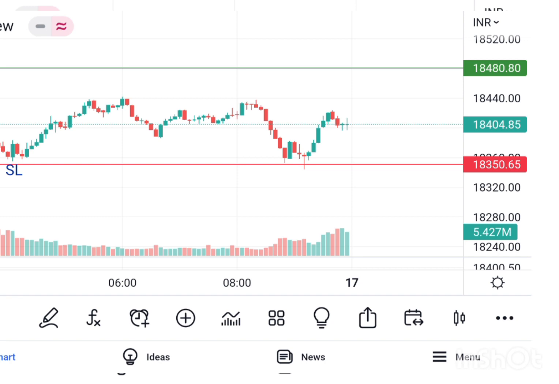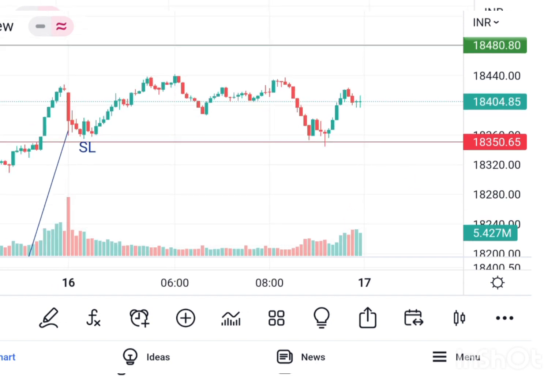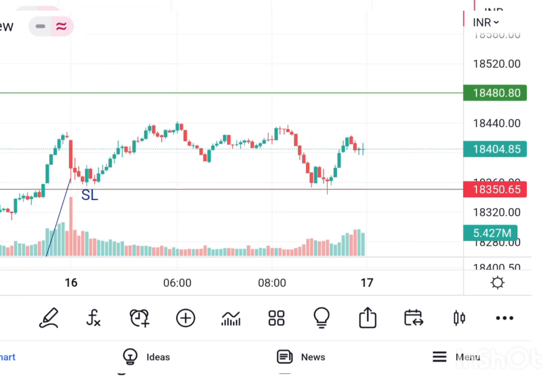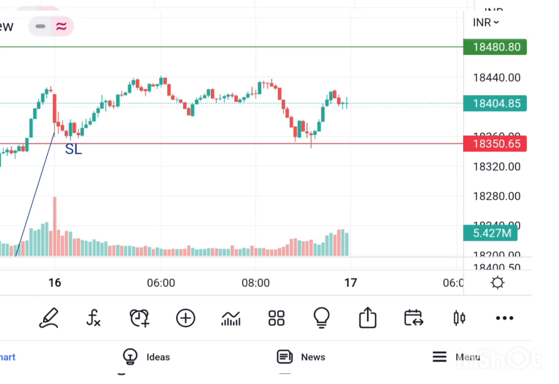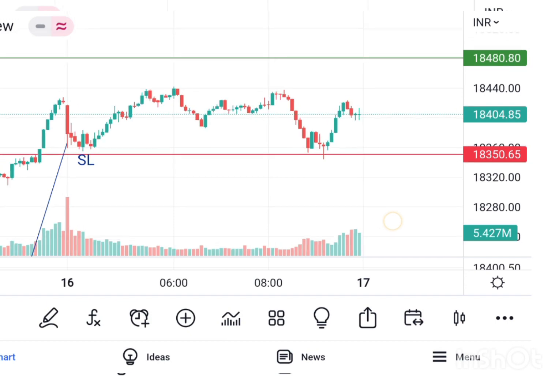I'm expecting a big gap up or a gap down tomorrow, and if it doesn't happen, I'll book my loss when the market opens. Maybe tomorrow is the expiry, so market will be in this range, and Friday it will give a proper breakout.